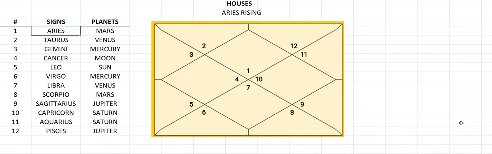It is very important that you not only memorize the signs and their corresponding planets, but also the number of those signs.